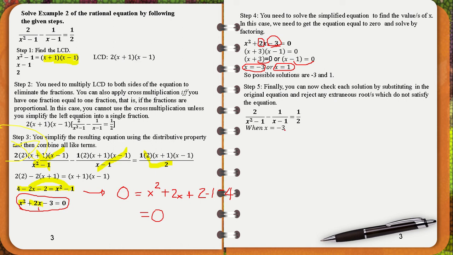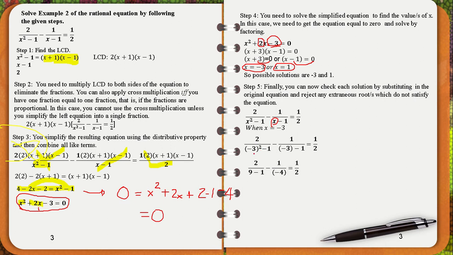So we have to substitute negative 3 for all x in the equation. Okay, so meron tayong x dyan, kaya pinalitan natin ng negative 3. May x po tayo dito, kaya pinalitan natin yun ng negative 3. And yun lang. Simplify po natin siya.